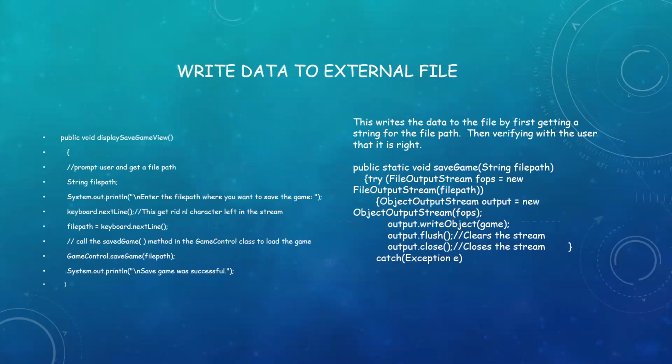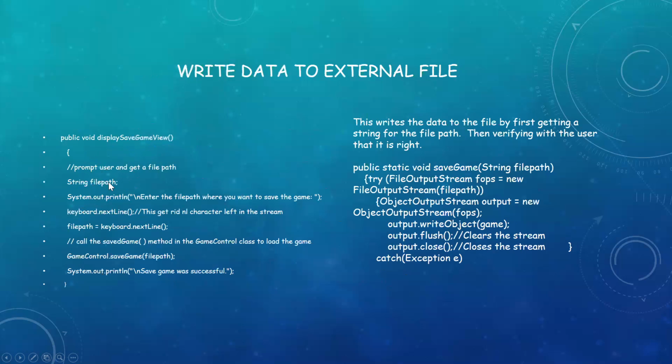Here we go, at the end. We're going to write data to the existing or external file. Here on the left is our code for saving a file to an external file, or saving our game to an external file.